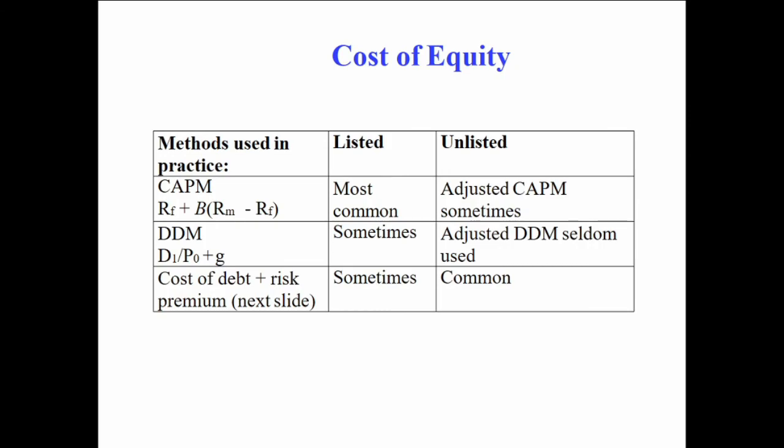Even though the risk premium is subjective and depends on management's judgment, there is a certain amount of confidence that is given by using the bond yield and interest rate. This method is sometimes used to determine the cost of equity for listed companies, and it is also commonly used to determine the cost of equity of unlisted companies.